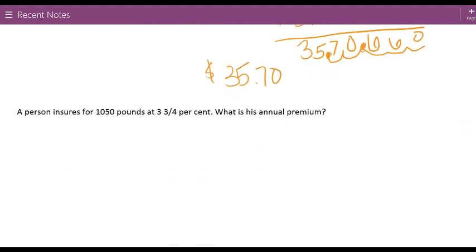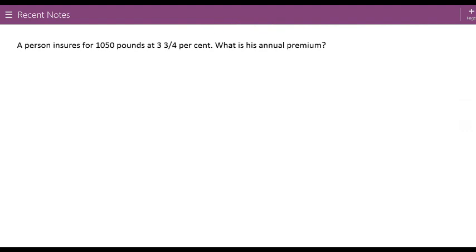Another example, a person insures 1,050 pounds at 3 3/4%. What is his annual premium? Okay, so again, we have 1,050 times 3.75. You could leave it in a fraction and divide by fractions.